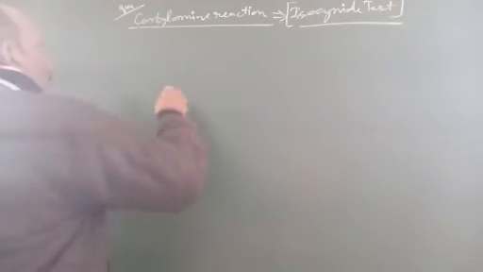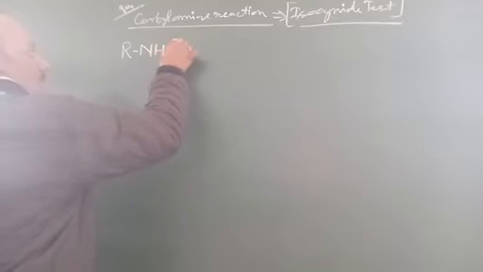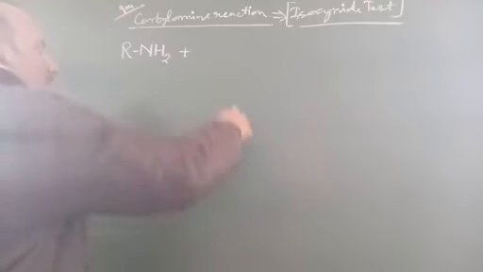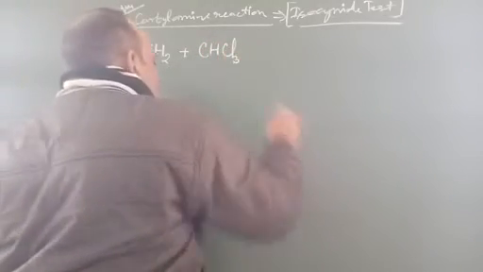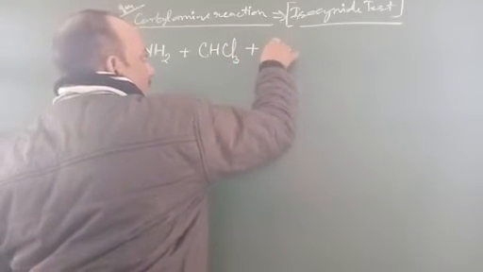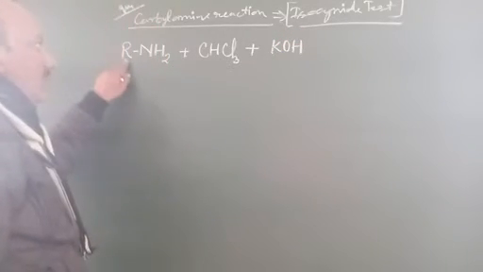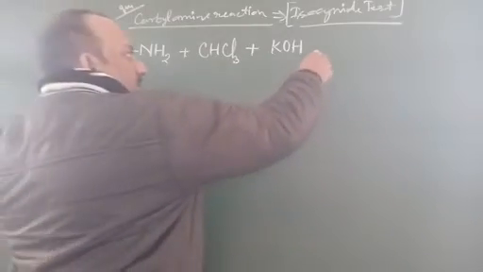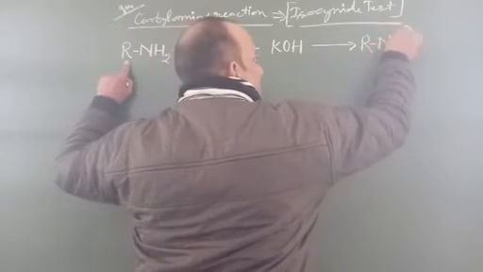According to this reaction, when a primary amine, whose formula is RNH2, reacts with chloroform, whose formula is CHCl3, and caustic potash KOH, it makes alkyl isocyanide, RNC.